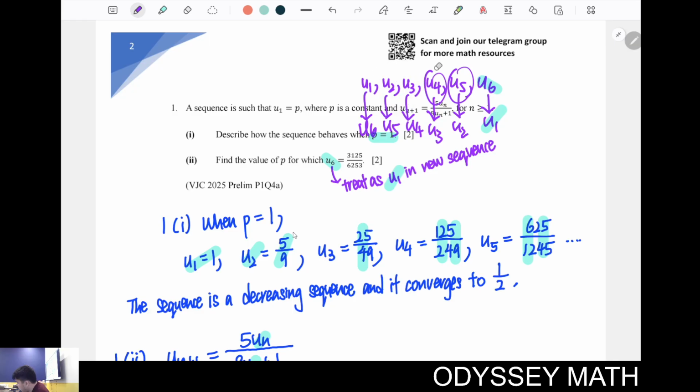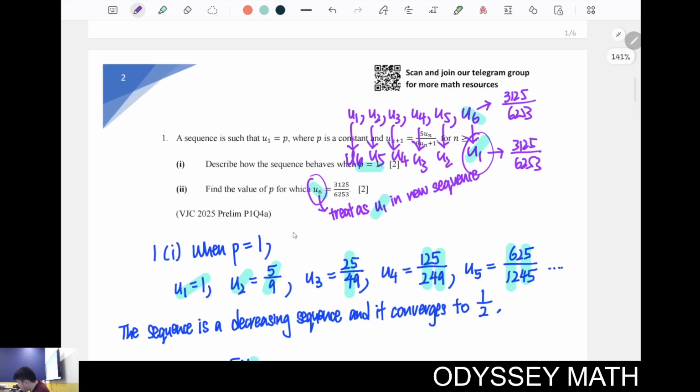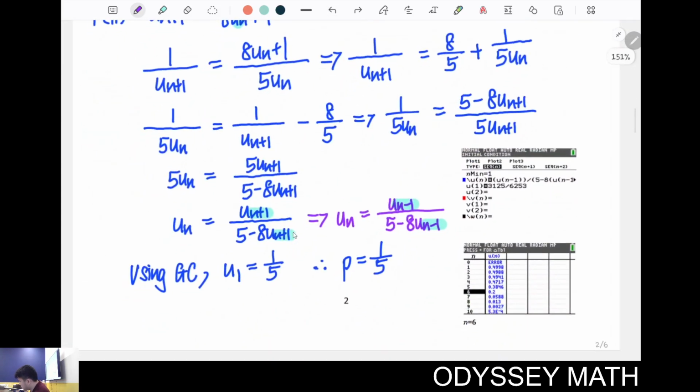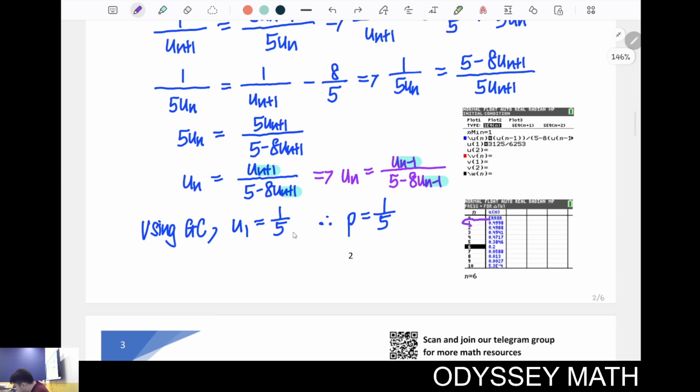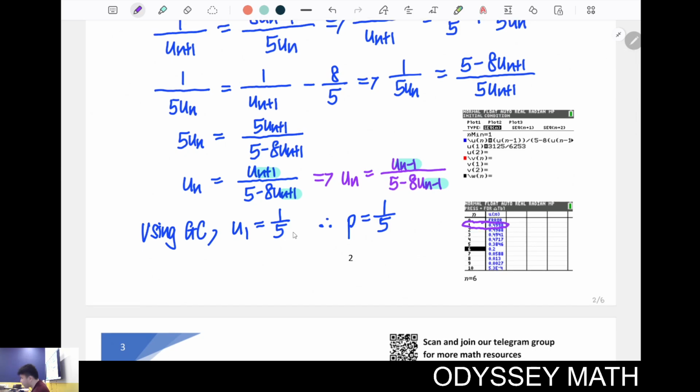Yeah. So originally, this U6 over here is 3125 over 6253, agree? Now I treat it as the first term U1, 3125 over 6253. So my U1 over here is this U1, 3125 over 6253, understand?